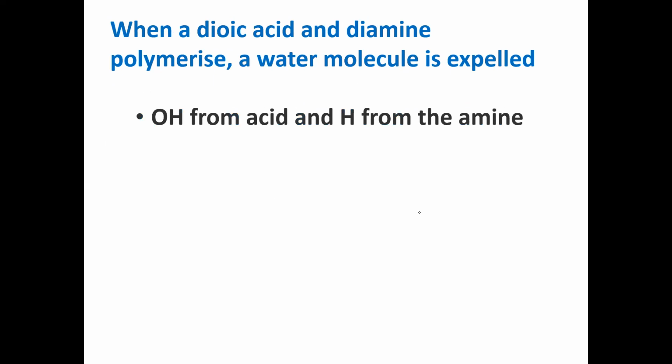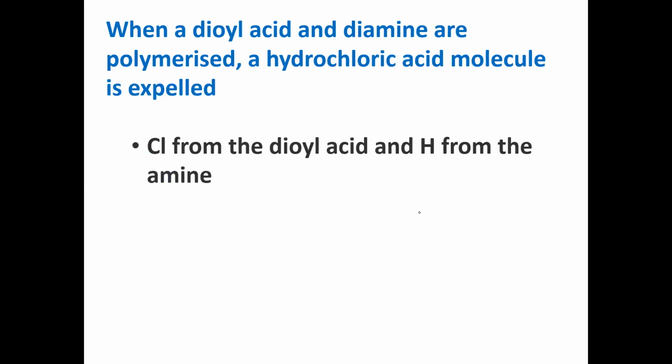When a dioic acid and a diamine polymerize, a water molecule is expelled. Now OH is coming from the acid and H is coming from the amine. When a dioyl chloride and diamine are polymerized, hydrochloric acid is expelled. This is unusual because the word condensation explicitly does not apply here, because normally the word condensation means removal of water.